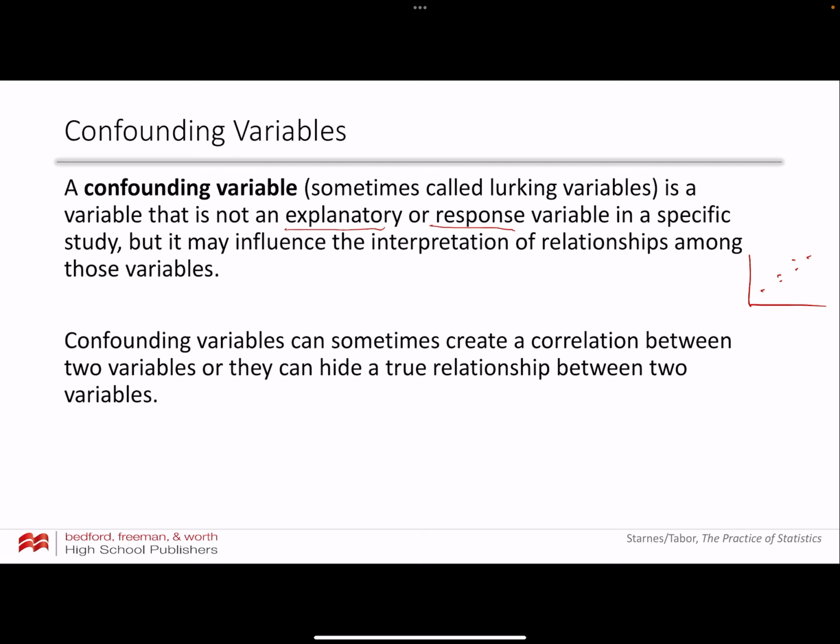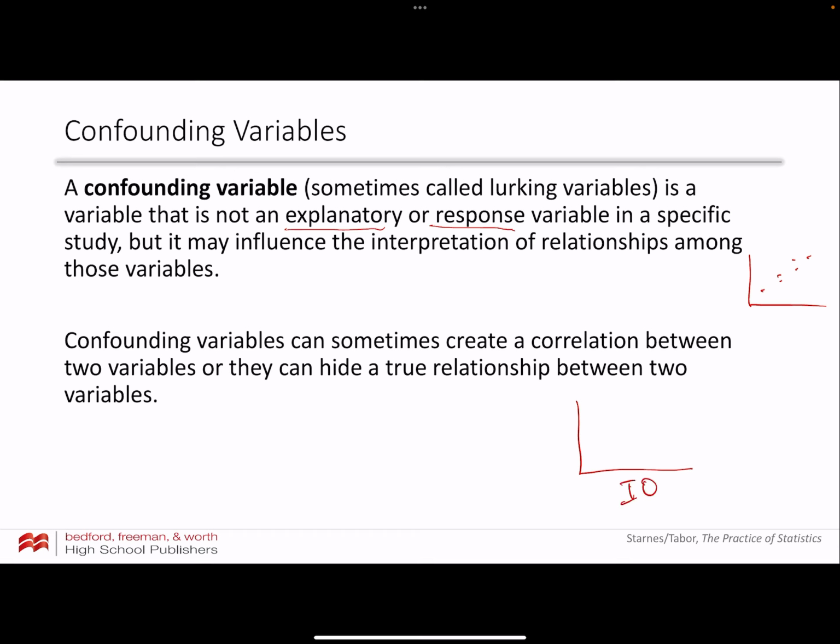So, for example, you could look at something like IQ and reading ability in elementary kids or middle school kids or even high school kids. So IQ versus reading ability, you would think typically that as IQ goes up, the reading ability also goes up, which is probably true. They probably have a positive correlation and relationship. And the IQ is probably an explanatory variable.